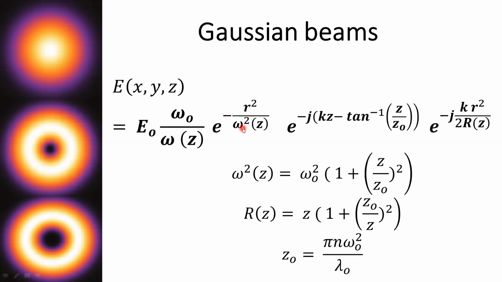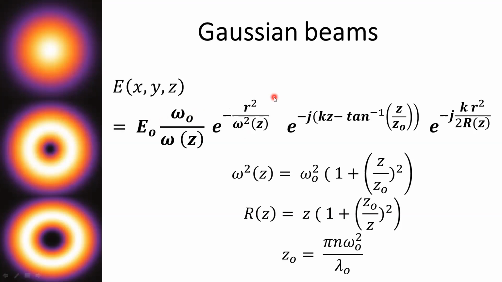When Z equals 0, you reach a function only in R, which is E equals E node times e power minus r square over omega node square. Omega node is constant, E node is constant, and the function is only in R square.